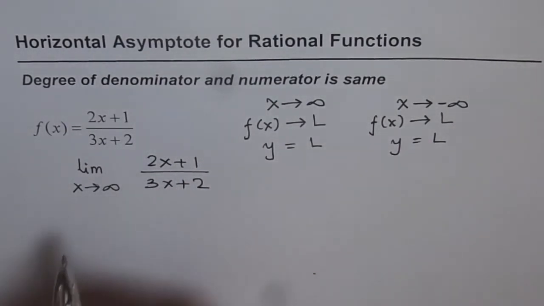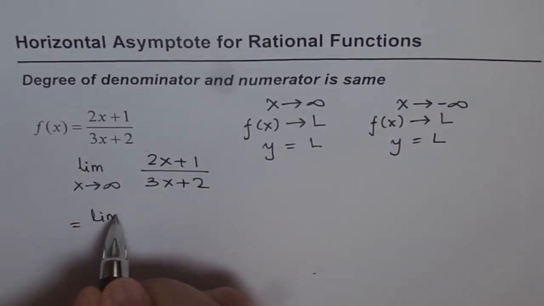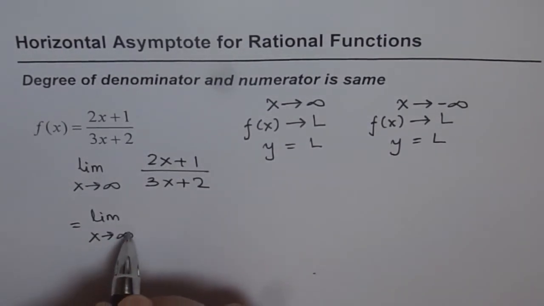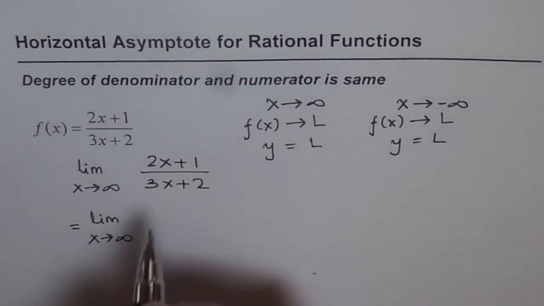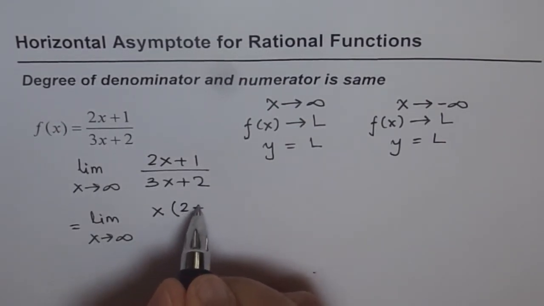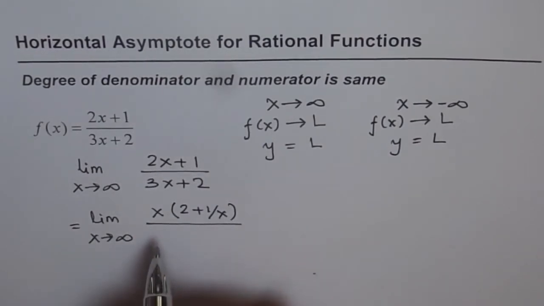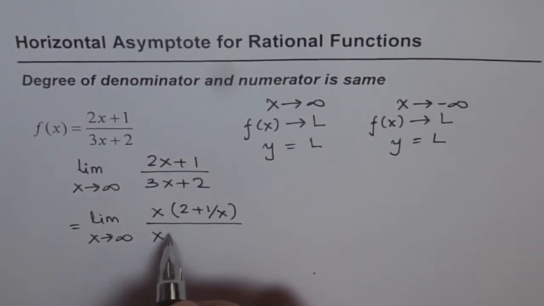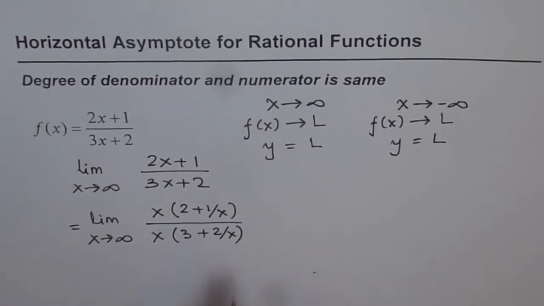Now we can write this as the limit as x approaches infinity, and let me factor out x from the numerator. We get x, and within the bracket we get 2 plus 1 over x, right? And in the denominator we can again factor out x, and we get 3 plus 2 over x.